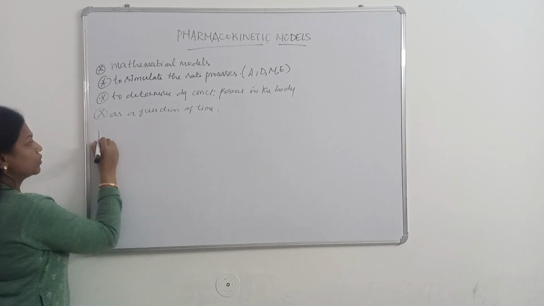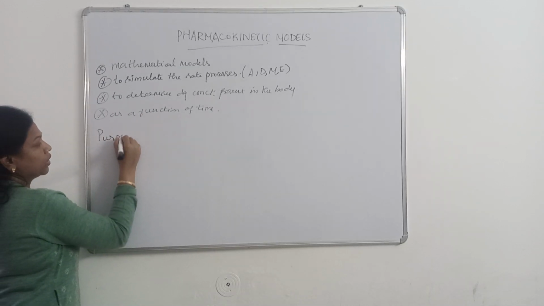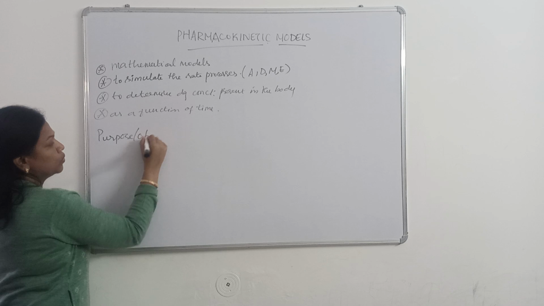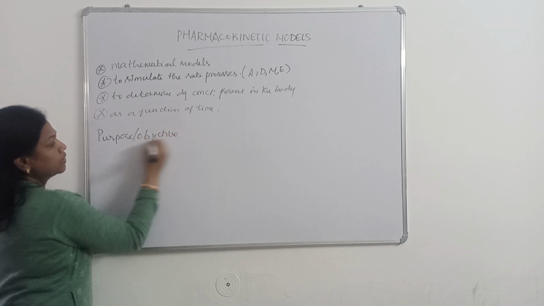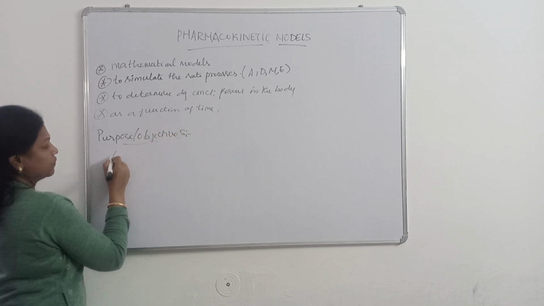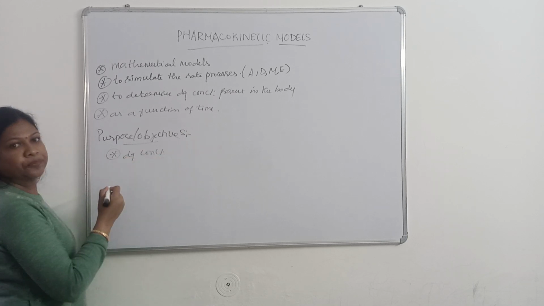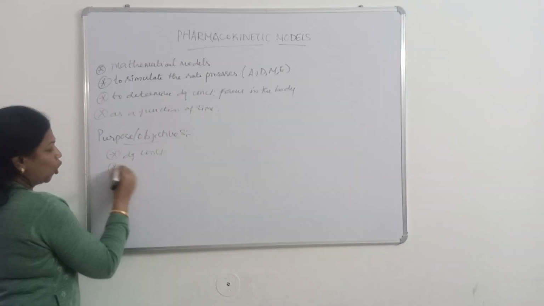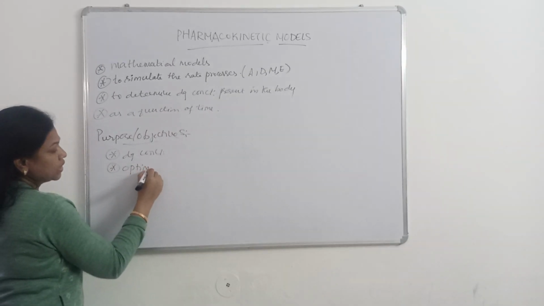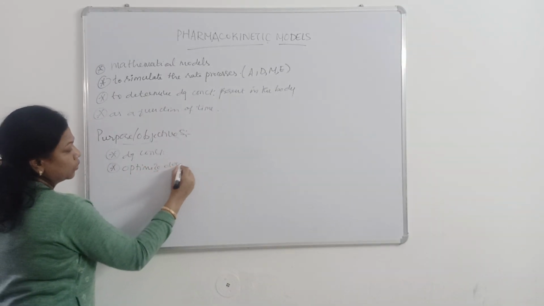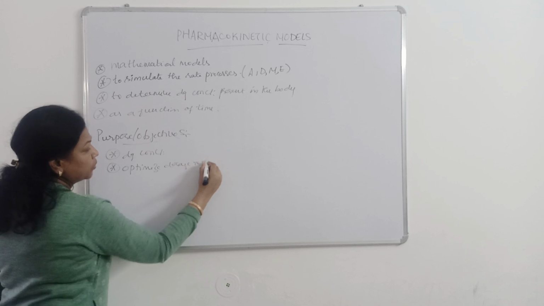Now what is the purpose, or the objective, of using these pharmacokinetic models? First and foremost is to determine the drug concentration and then to optimize the dosage regimen. What does optimizing the dosage regimen mean?